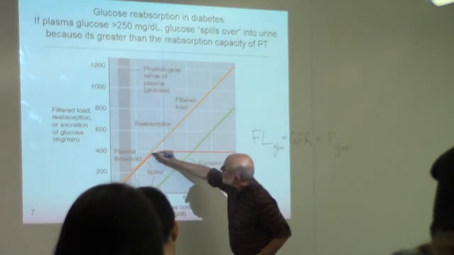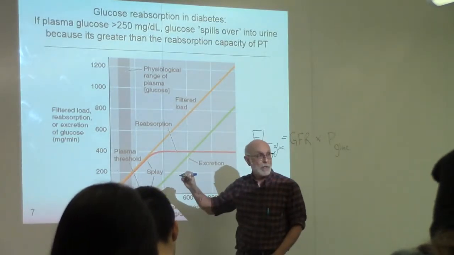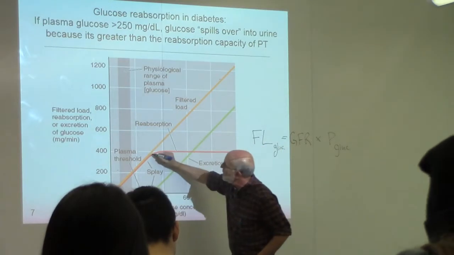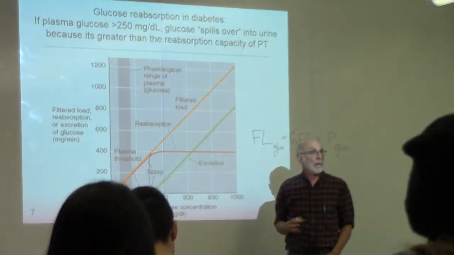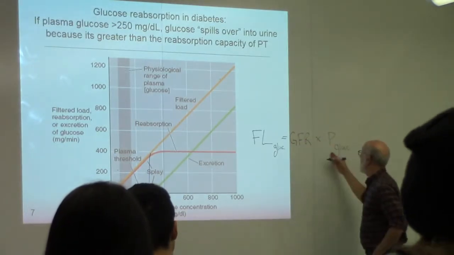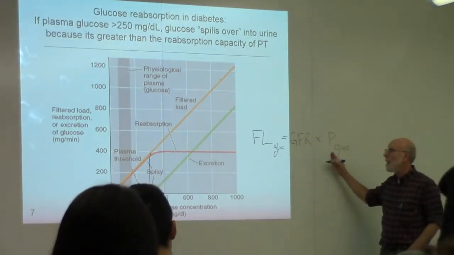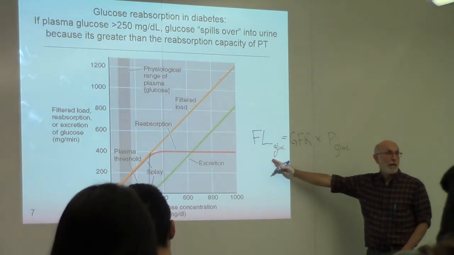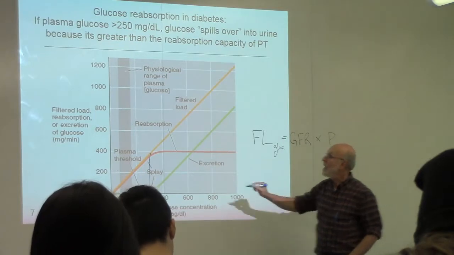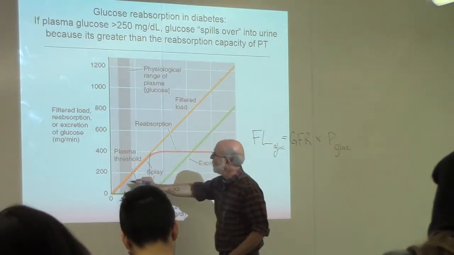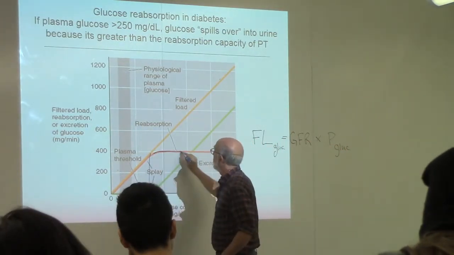So if the concentration of glucose in the blood plasma gets up to about 250, if the plasma concentration of glucose gets too high, the filtered load of glucose gets so high that the proximal tubule is overloaded, and now we reach the maximum.